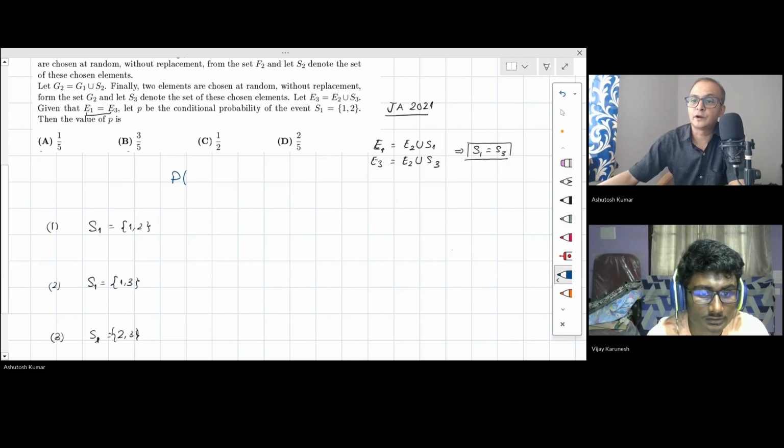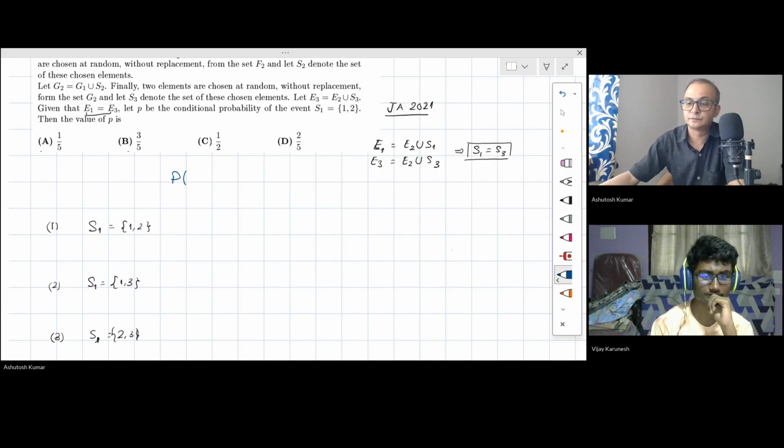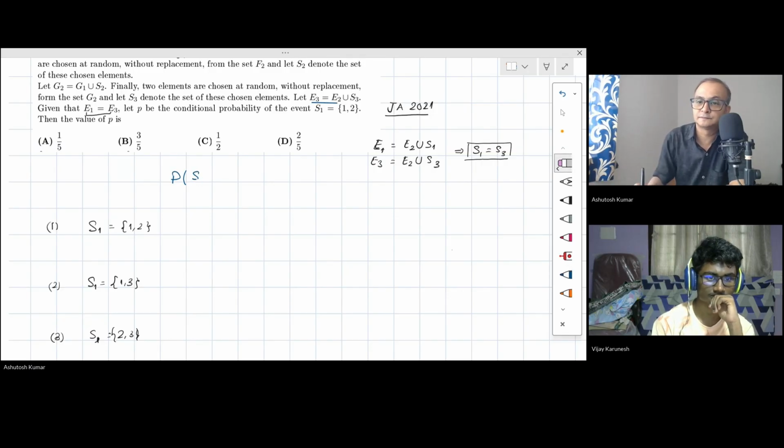No. Probability that, see here, finally two elements without replacement and so on. Let p be the probability of the event that S1 is 1, 2, given that E1 is equal to E3.